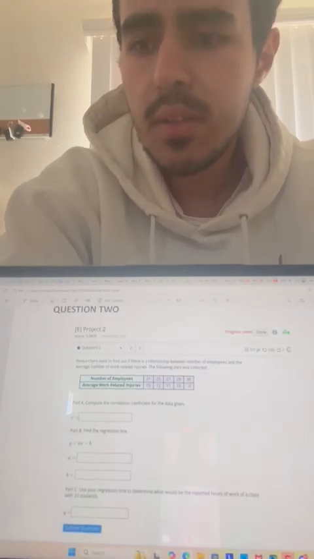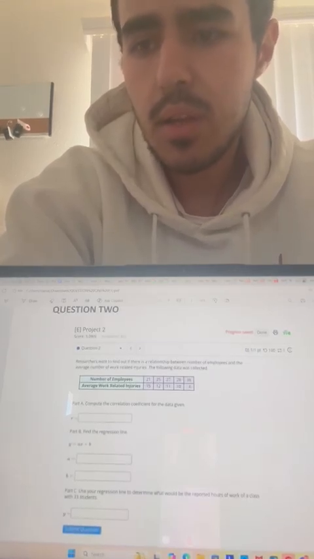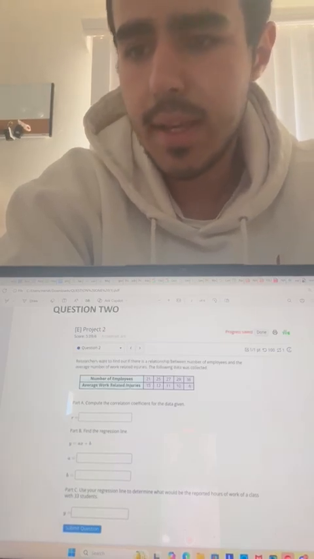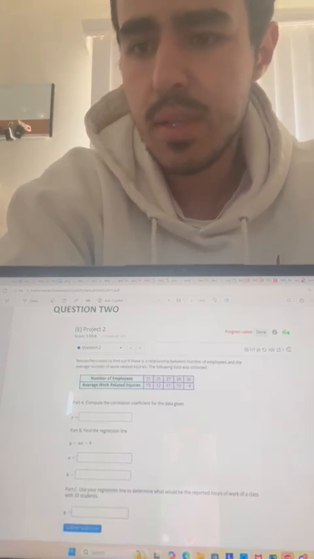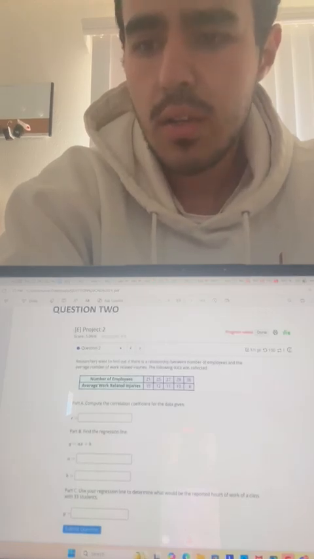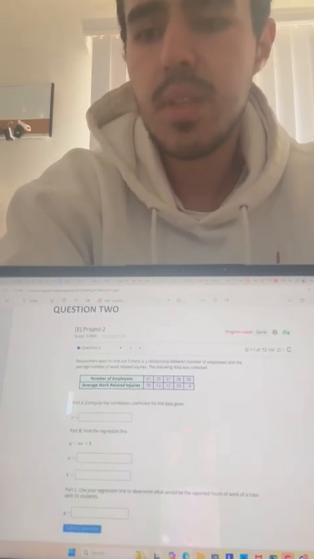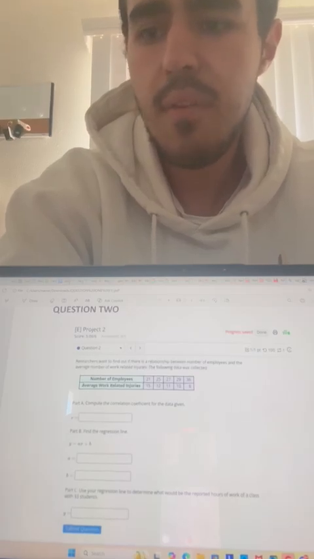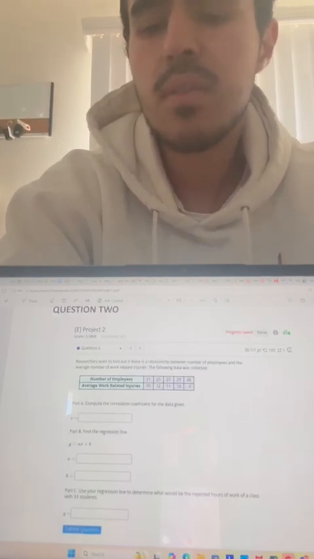Substituting the sums into the formula, we arrive at a correlation coefficient of approximately negative 0.9988. This value indicates an extremely strong, nearly perfect negative linear relationship. This means that as the number of employees increases, the average number of work-related injuries decreases.